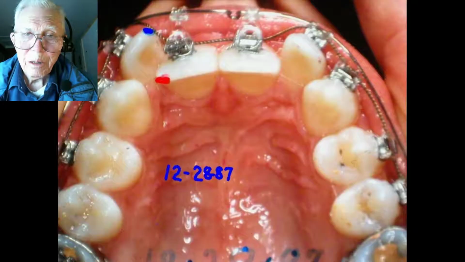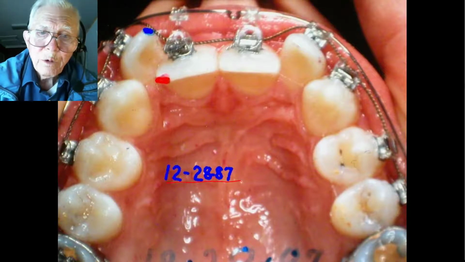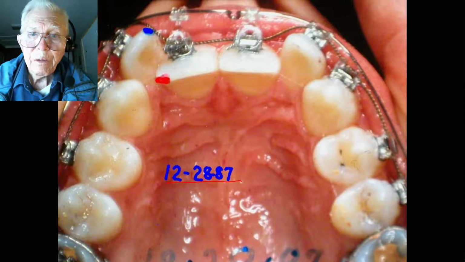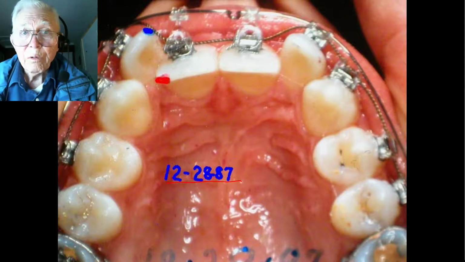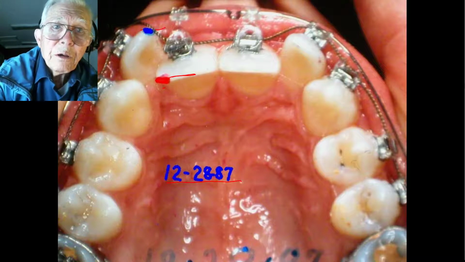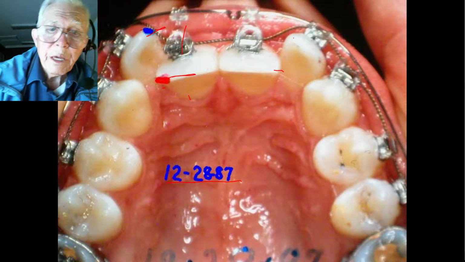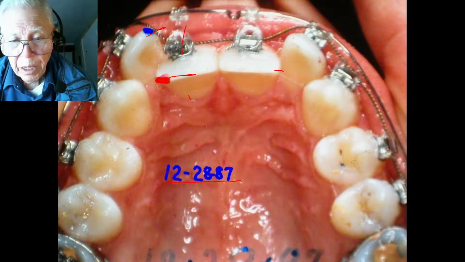That's why I put that little circle in it there. Now this is 12/28/87, and we've got this distance here to here, and this is less over here, but this tooth's going to swing out like that.